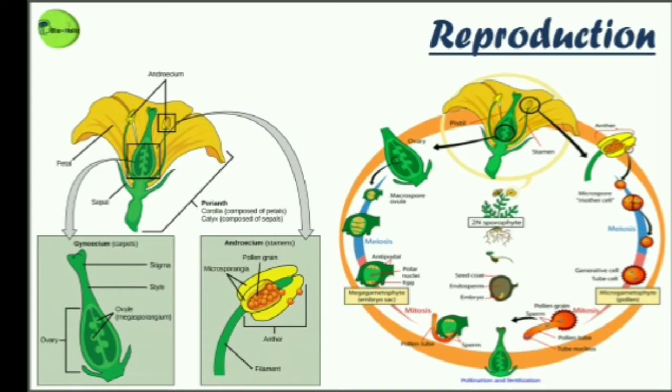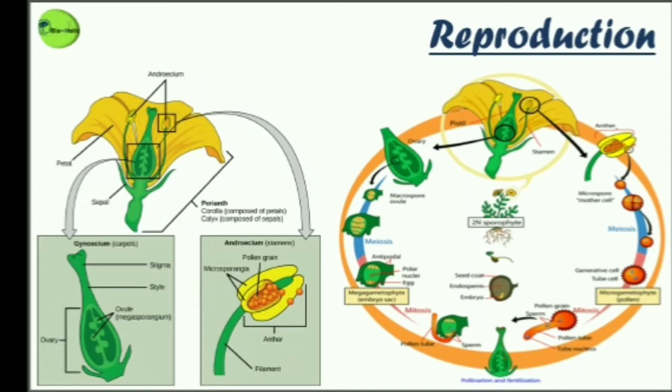The female sex organ in a flower is the pistil or the carpel. Now the pistil consists of an ovary enclosing one to many ovules, and within ovules are present highly reduced female gametophytes termed embryo sacs.